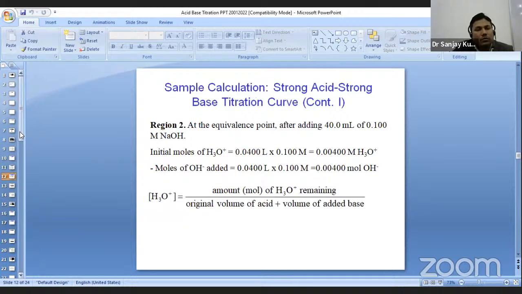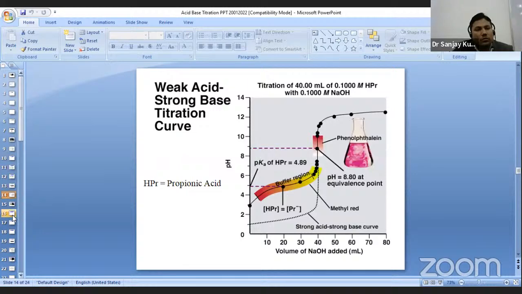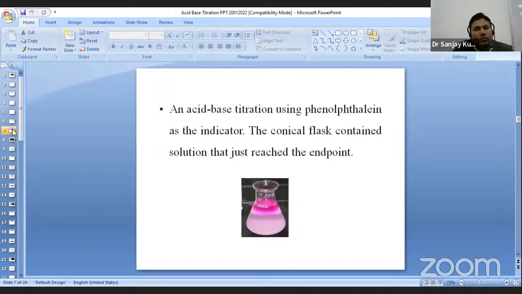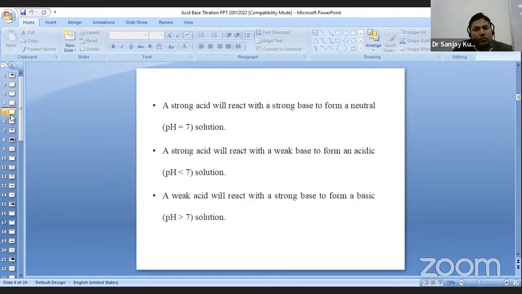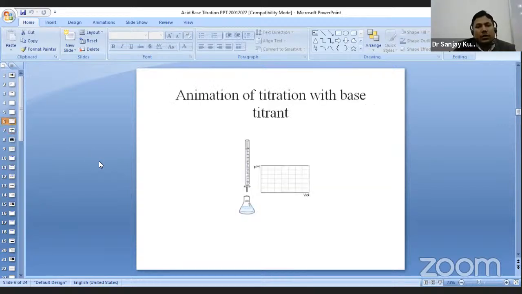Here is one more diagram of acid and base. Suppose the base is taken in a conical flask and the acid is taken in a burette. In that case, we are using phenolphthalein as an indicator.